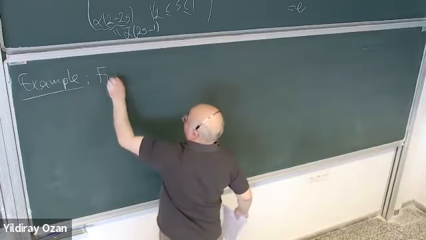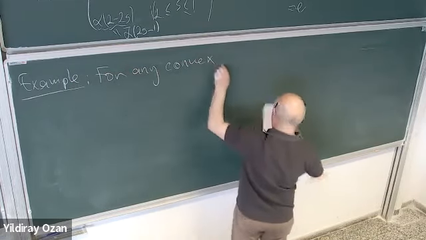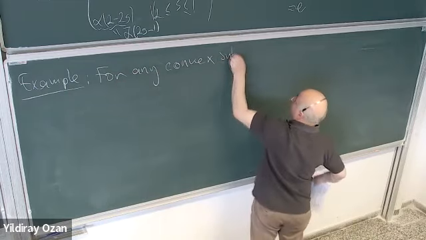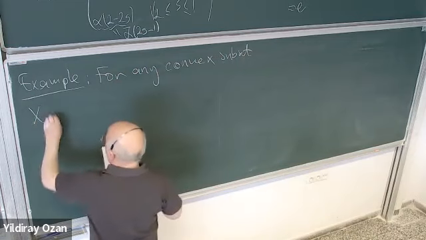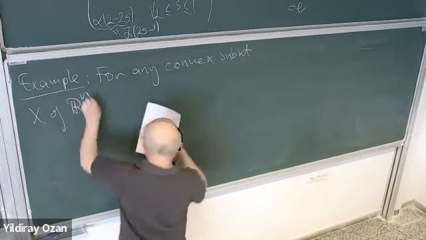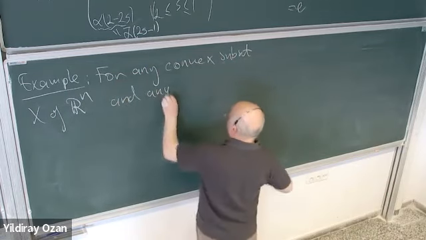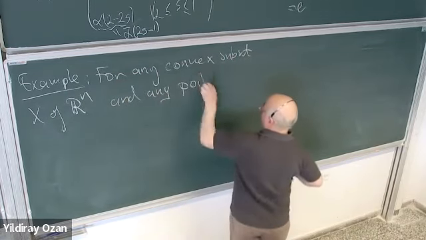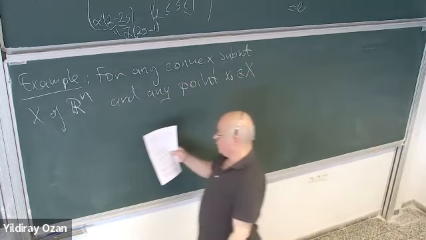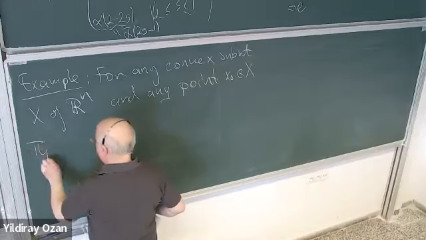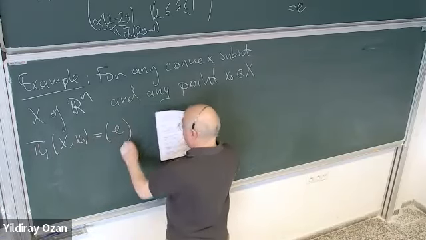Okay, now for any convex subset X of R^n and any point x0 in X, the fundamental group pi_1(X, x0) is just the trivial group.